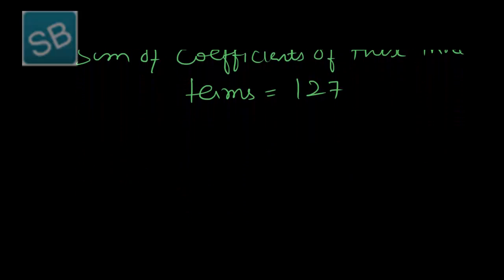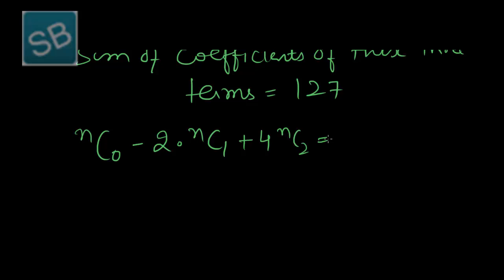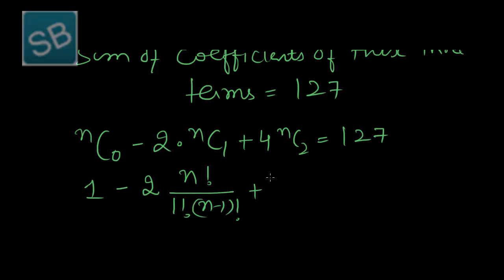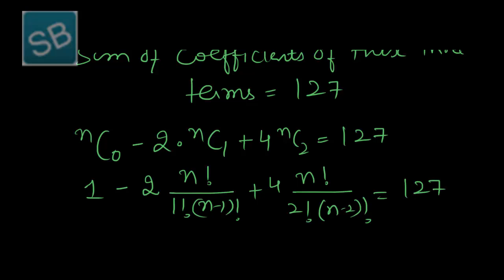So the sum of these three coefficients, nC0 - 2 nC1 + 4 nC2, is equal to 127. On expansion we get nC0 is 1, minus 2 n factorial over 1 factorial into (n-1) factorial, plus 4 n factorial over 2 factorial (n-2) factorial, is equal to 127.